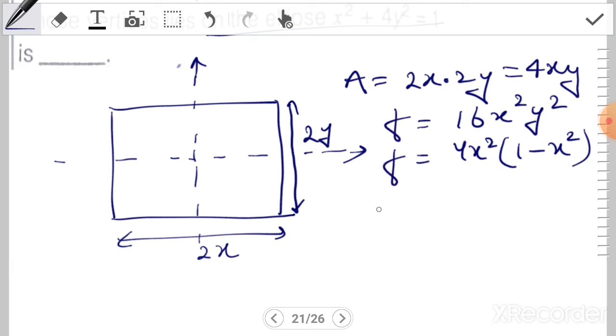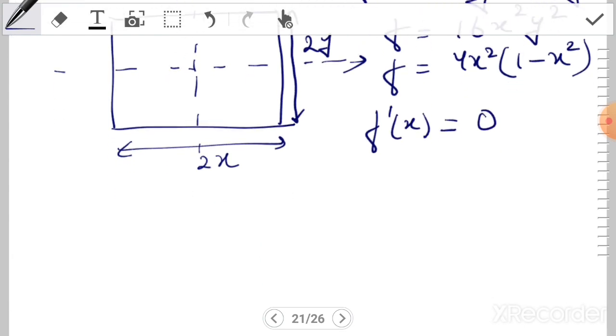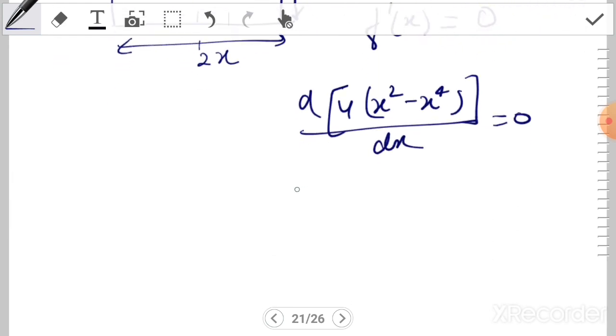Now let us find the first derivative of f with respect to x and equate it to 0. So 4x square minus x to the power 4 derivative is equal to 0. You will get 4 into 2x minus 4x cube is equal to 0.